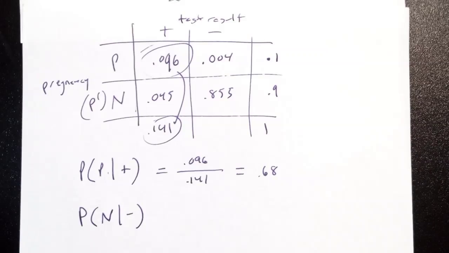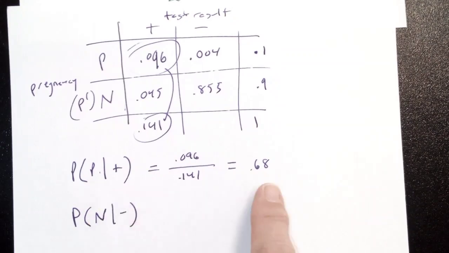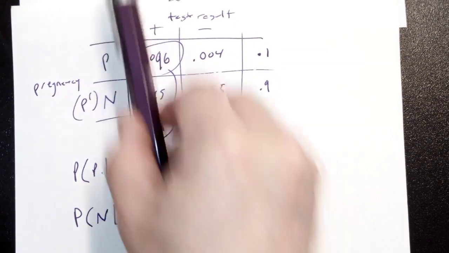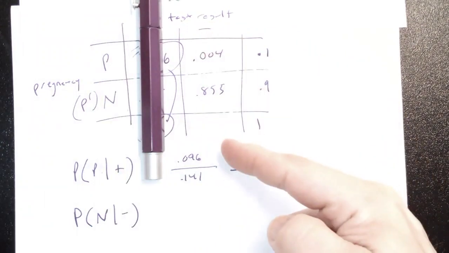You get a negative test, chance you're not pregnant. Those 2 are not complementary pieces. This is not the opposite here, because this one isn't working off of this column. It's working off this column.